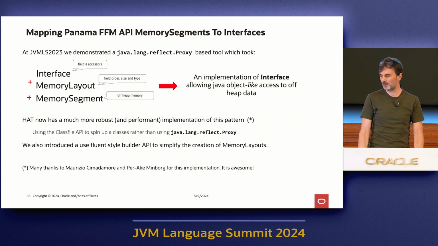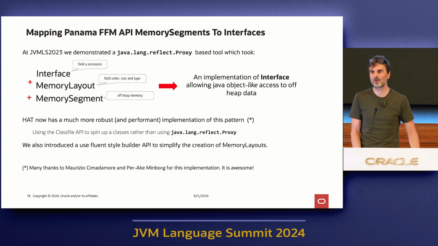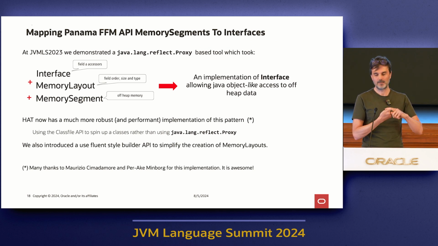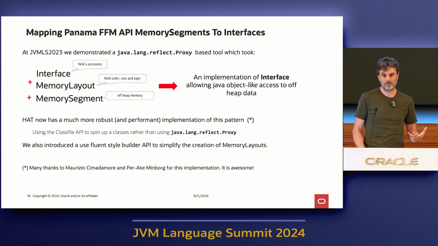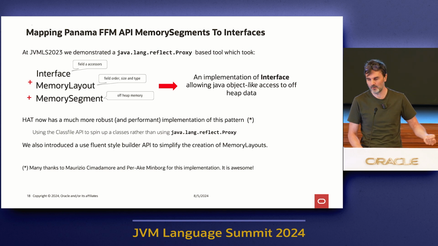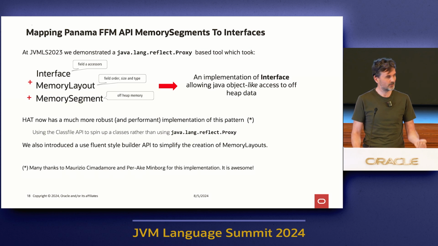So last year, Gary presented a prototype proxy that did this kind of thing, where you could have an interface, a layout, and a memory segment, and it would proxy to the memory in the memory segment from the methods on the interface. But it's got much more robust now, thanks to Maurizio and Per Minborg. They had an implementation that did this much more efficiently for access to off-heap memory on the host, on the CPU. And Gary took this and has enhanced it and hatified it, if you like, to make this better.